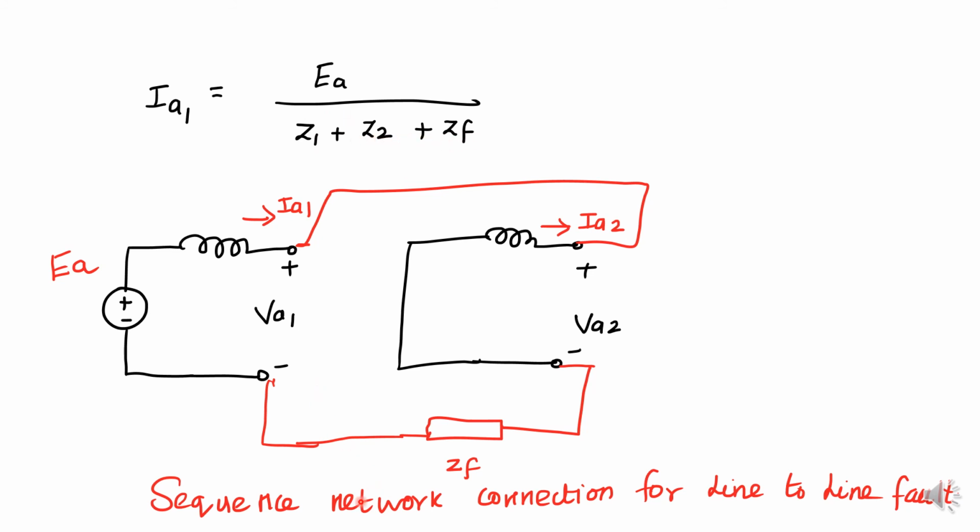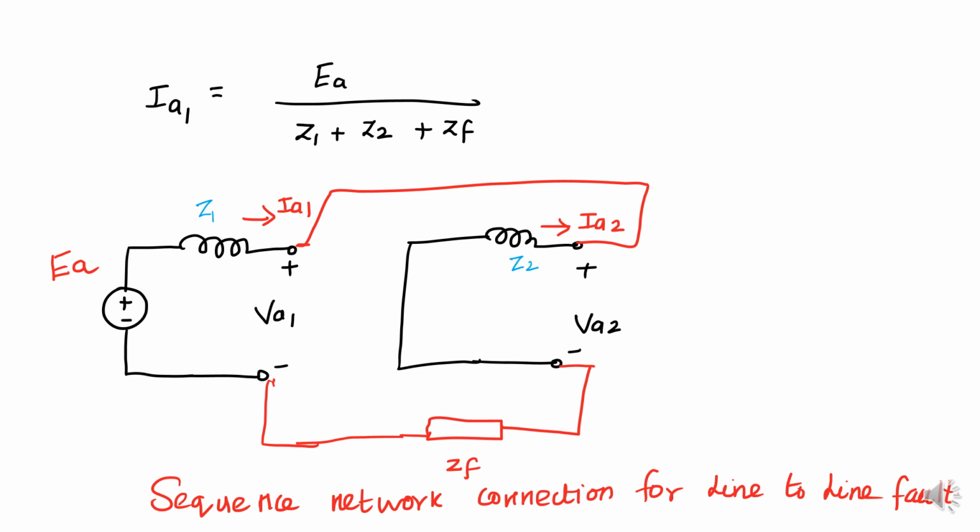Next, I am going to draw the sequence network connection for the line-to-line fault. Two sequence networks are available: the positive sequence network with impedance Z1, and the negative sequence network with impedance Z2. The positive sequence network consists of EA and Z1. Here this is Z1 and this one is Z2.